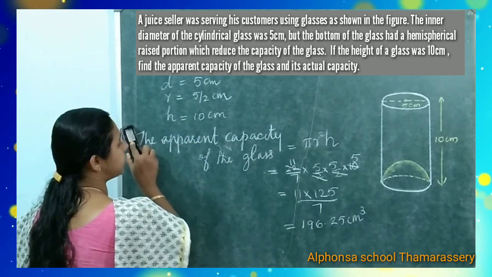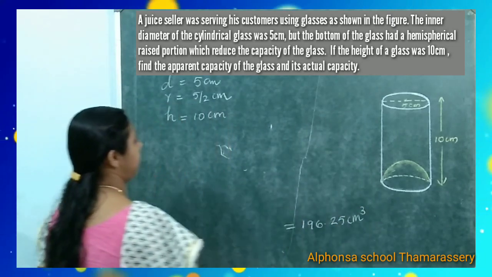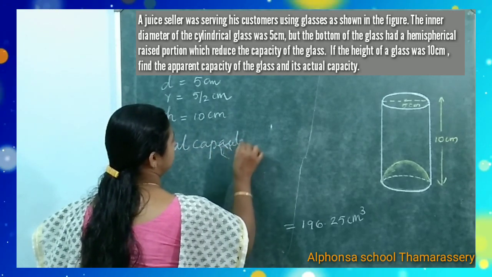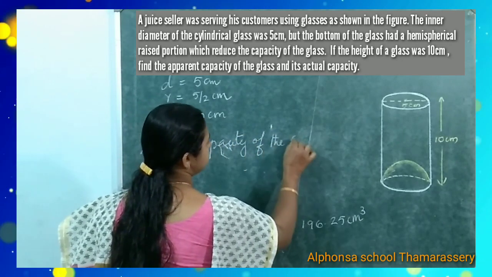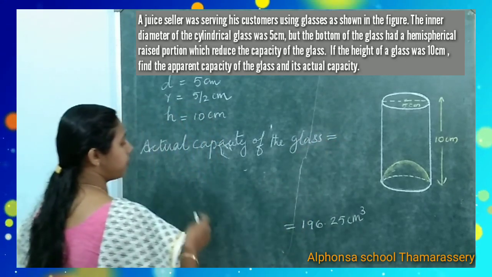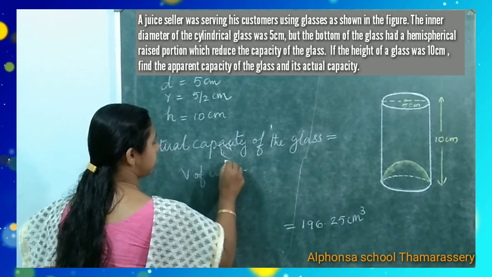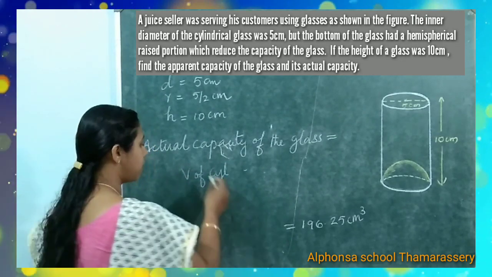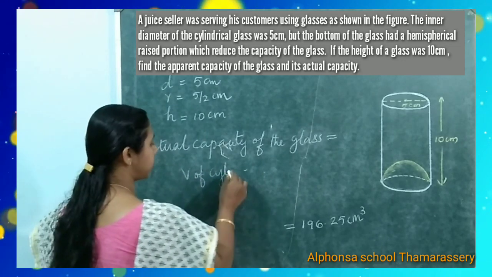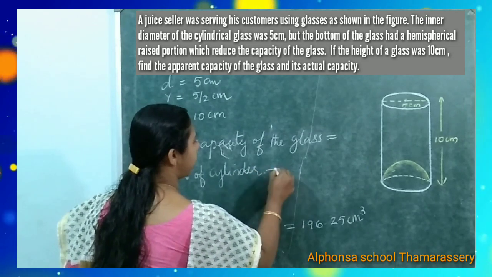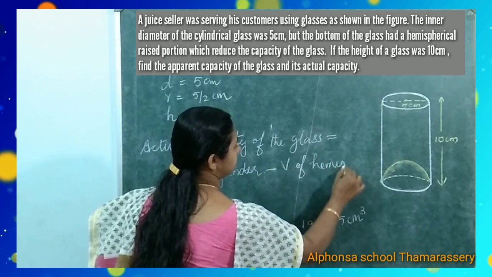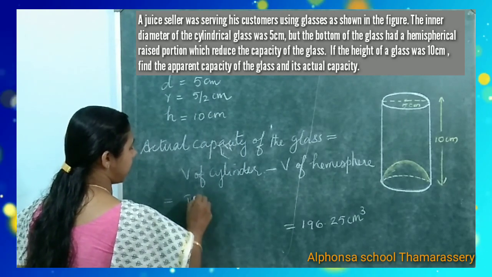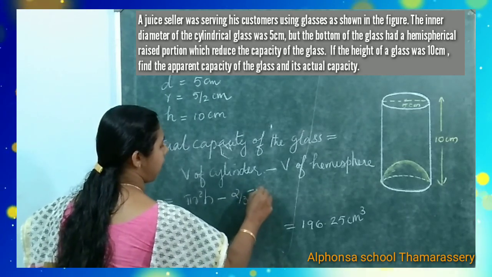So the actual capacity of the glass is equal to the volume of the cylinder, that means the apparent capacity of the glass, minus the volume of the hemisphere, which is equal to pi r square h minus 2 by 3 pi r cube.